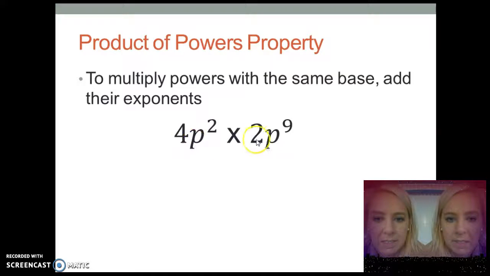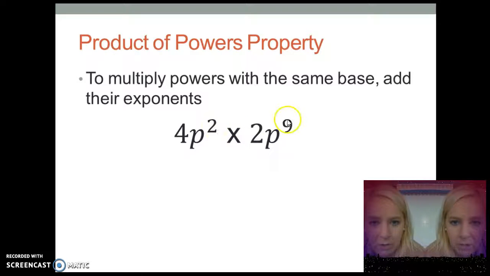My base stays the same, which is P, and then I can add my exponents, 2 plus 9, to get 11. So my final answer here would be 8P to the 11th power.